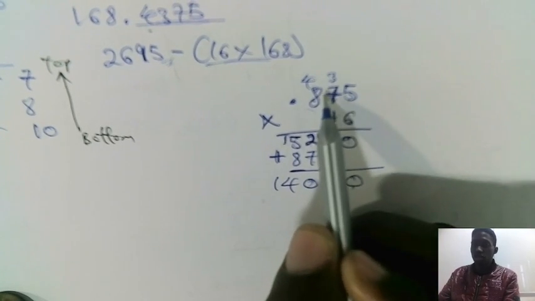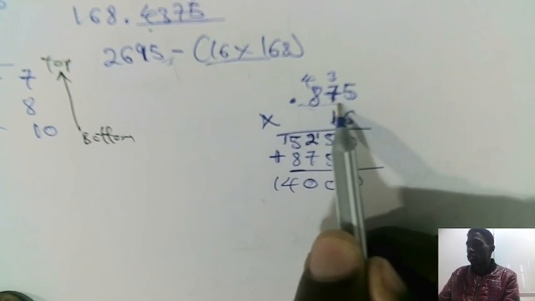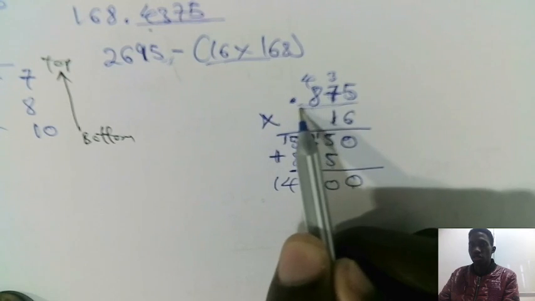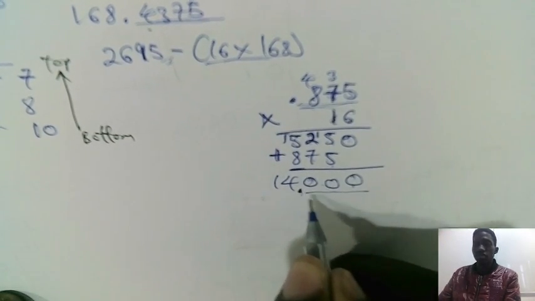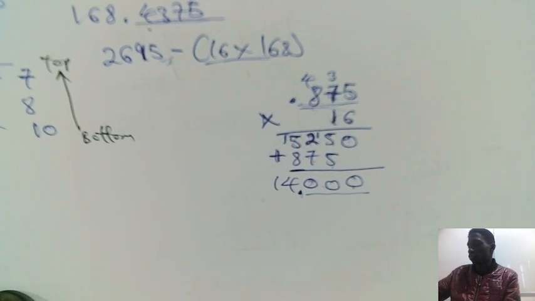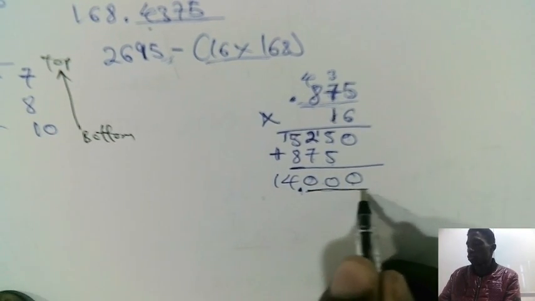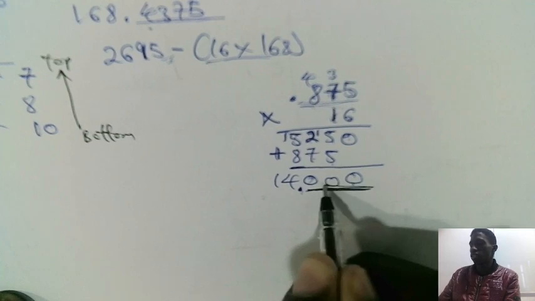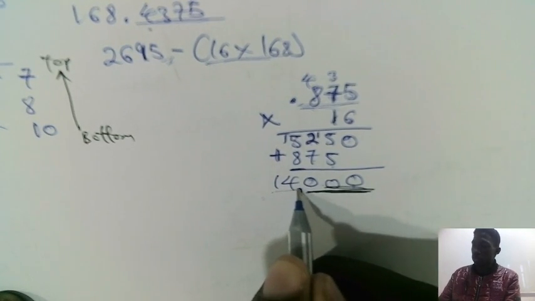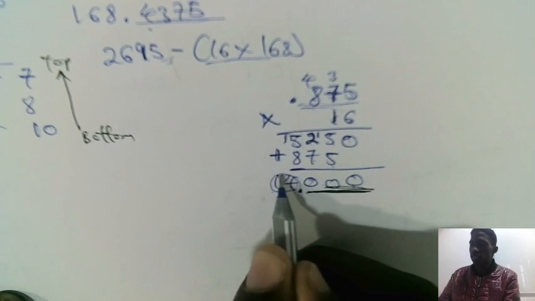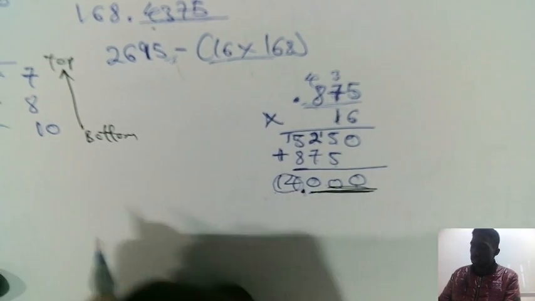So if you look here, the decimal places only cover 3 digits, right? So 3 digits after the point. So we have 0, 0, 0. Once you have 0, 0, 0, it means that's the end. And we only have 1 digit, 14.